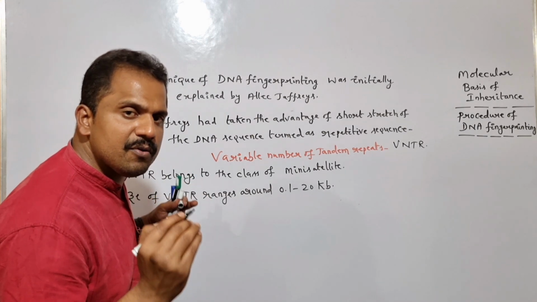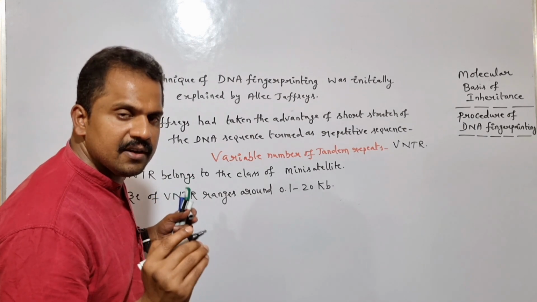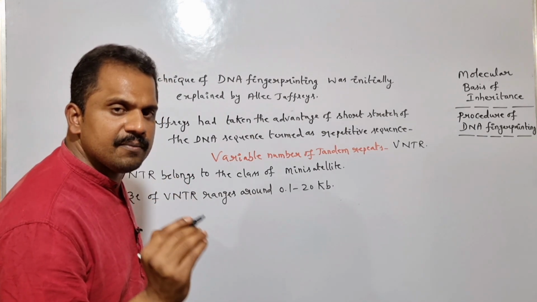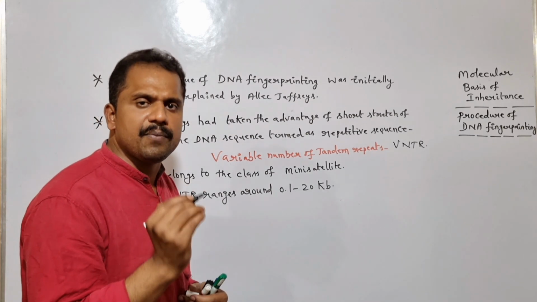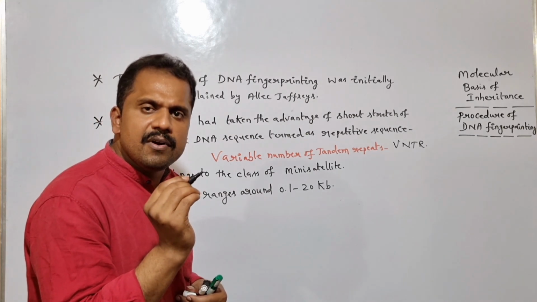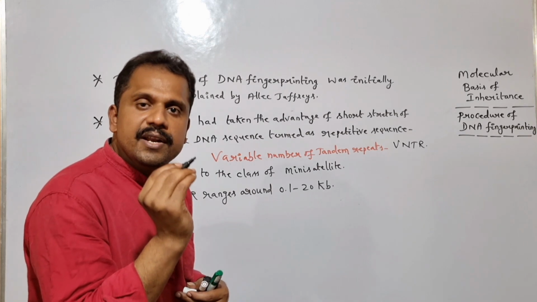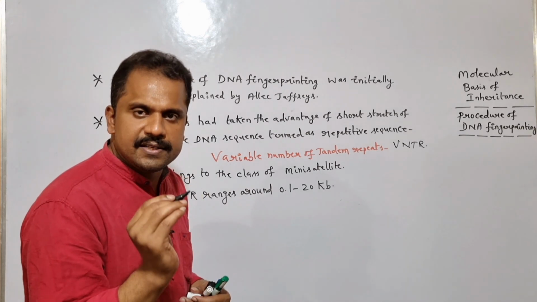In the same way, the number of the specific VNTR also varies from chromosome to chromosome in an individual. As we all know, in humans all the cells are diploid, and one particular diploid cell contains 23 pairs of chromosomes or 46 chromosomes.